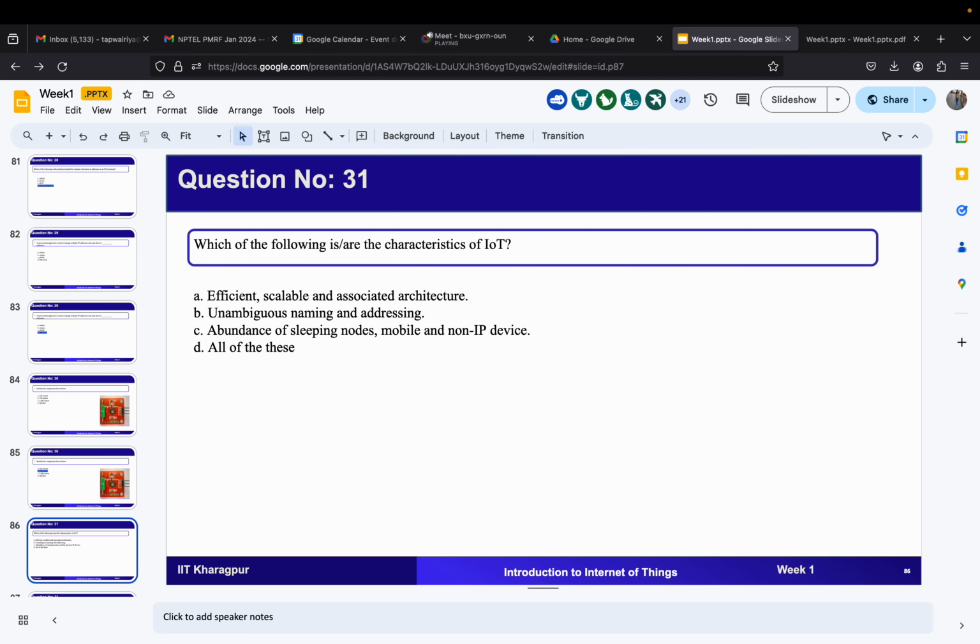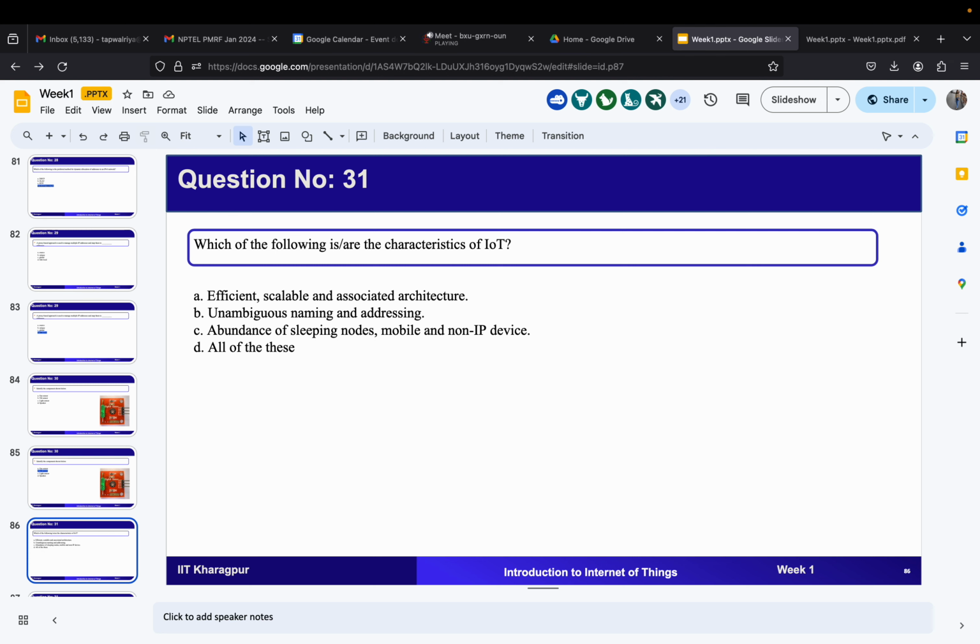Next question is a repeated question, I guess. Which of the following are the characteristics of IoT? First one is efficient, scalable, and associated architecture. Second, unambiguous naming and addressing. Third one is abundance of sleeping node, mobile, and non IP addresses. Fourth, all of the above. It's D, all of the above.